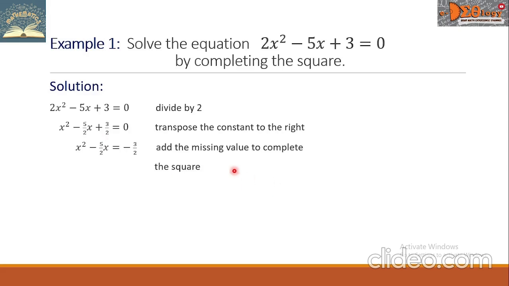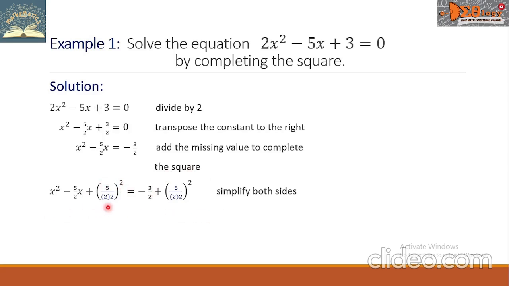Then we add the missing value to complete the square. On the left side, we add that 5 over 2 times 2. And this fraction is raised to 2. Same value we add to the right side. Then we simplify both sides.